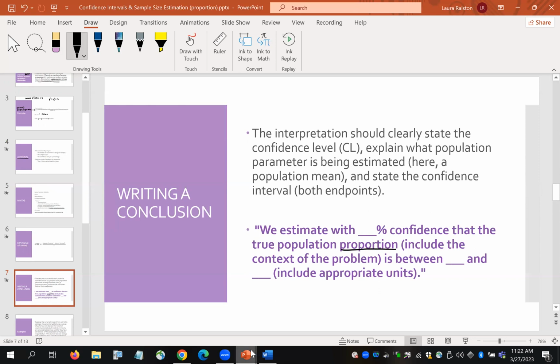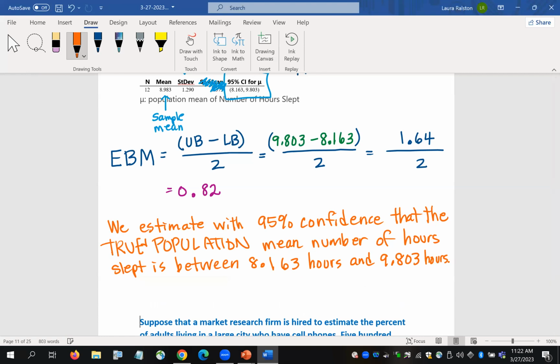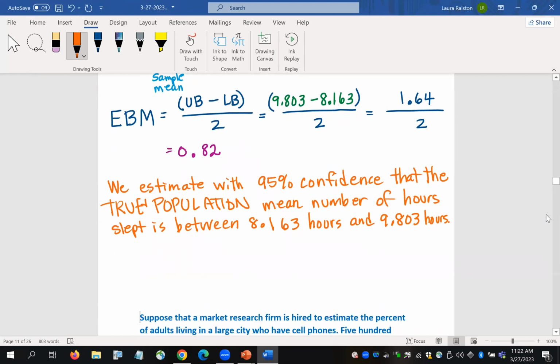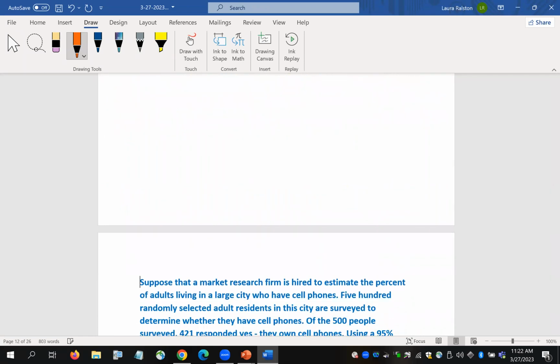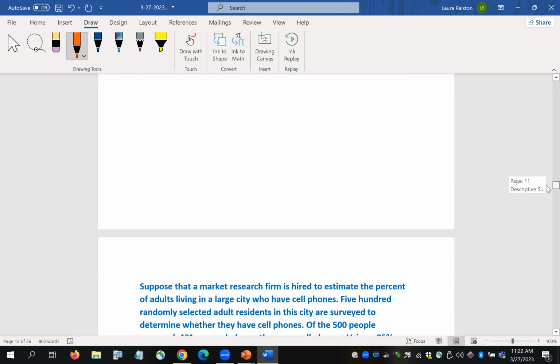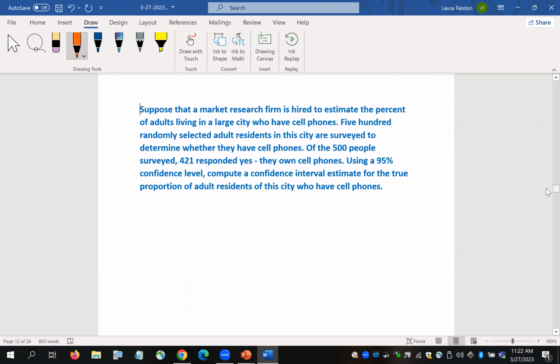Okay, so then we're going to take a look at some examples. So I'm going back over to our Word document. And this one says, suppose that a market research firm is hired to estimate the percent of adults living in a large city who have cell phones. 500 randomly selected adult residents in this city are surveyed to determine whether they have cell phones.